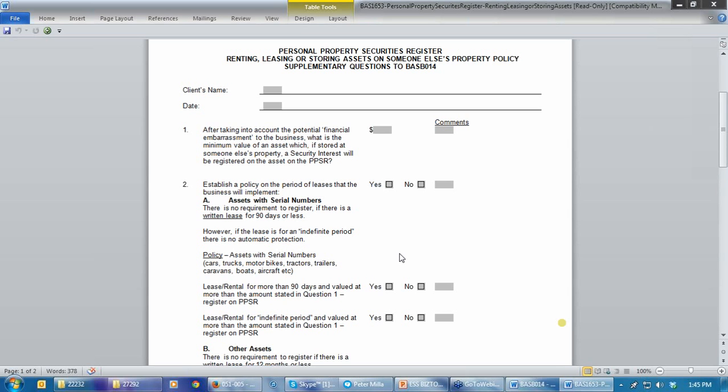So this really requires someone within your client's business to be monitoring either daily or at the most weekly what is going on with the assets of the business. Where have they been left? Have people entered into arrangements to rent something on an indefinite period basis and haven't told anyone in control? Is that asset value an amount of money which would financially embarrass the business if they lost it?